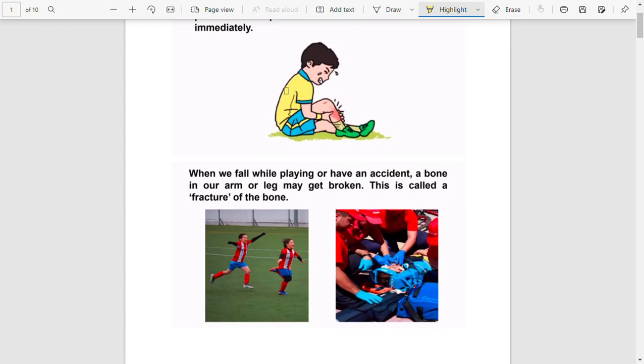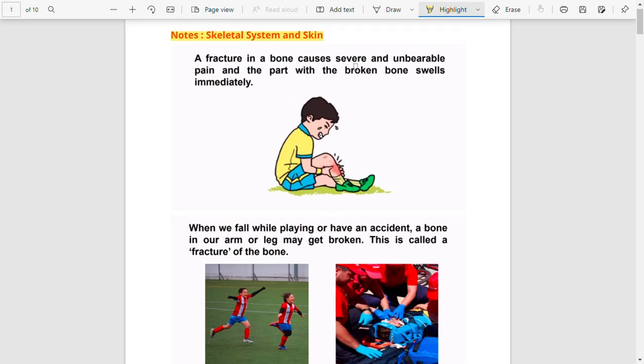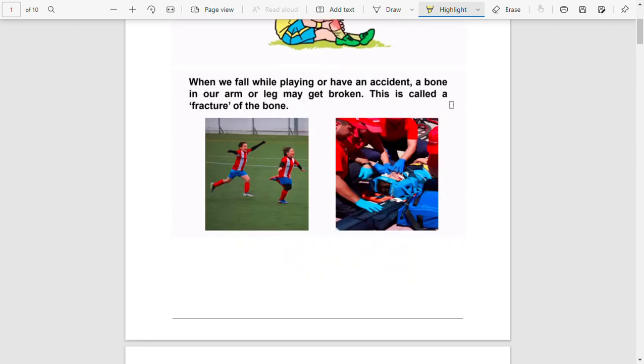A fracture in the bones causes severe and unbearable pain, and the part where the bone is broken swells immediately. When we meet an accident, or when we are playing, a bone in our arm or in our leg may get broken.